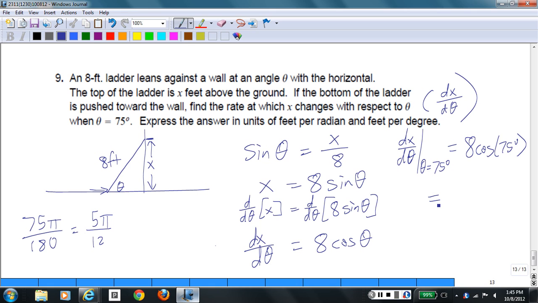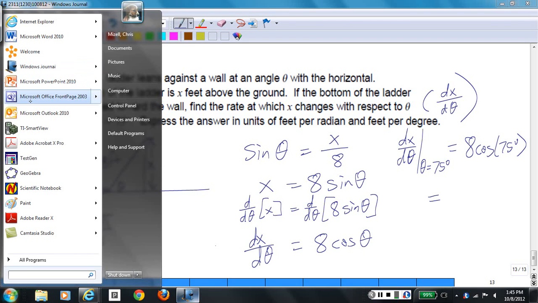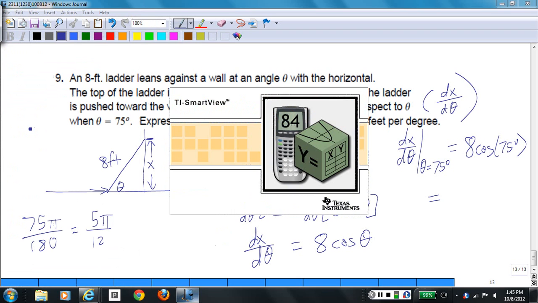So it's calculator time. Got to make sure my calculator is in degree mode.